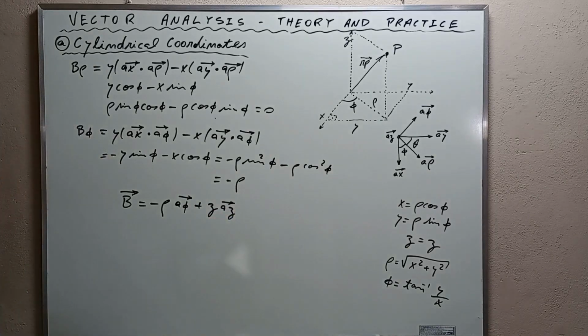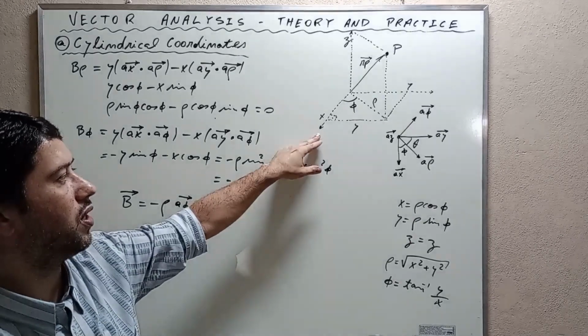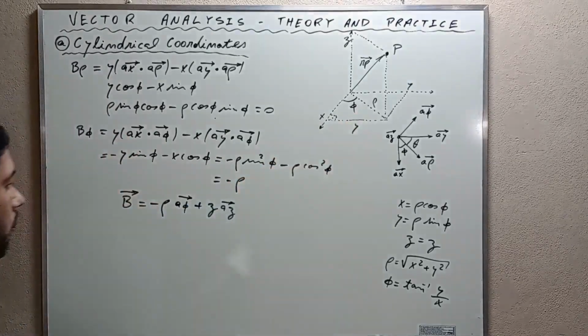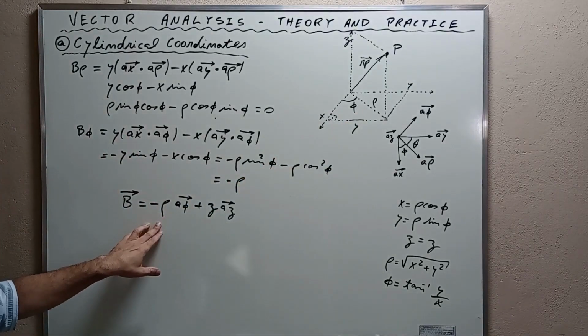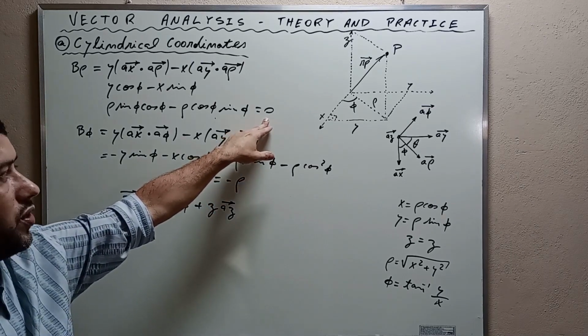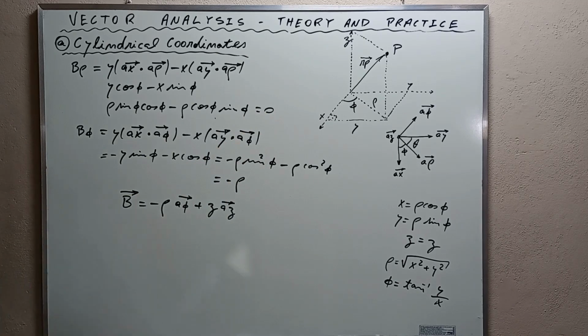Observe that z does not change because it belongs both to the Cartesian and to the cylindrical coordinates. And see that the component in the rho direction is 0. That's why the rho direction doesn't appear here. Okay, this is all for cylindrical coordinates. Let's go to spherical coordinates now.